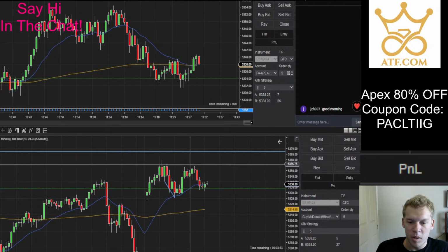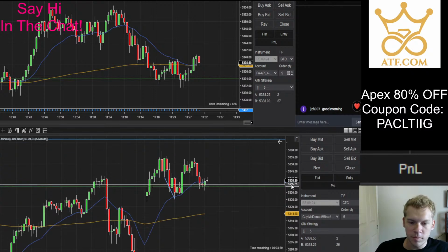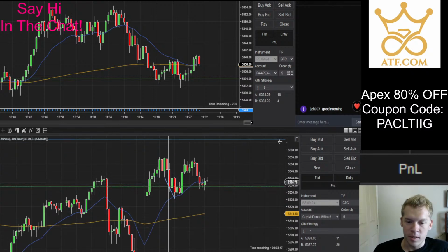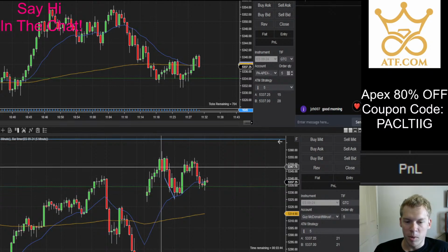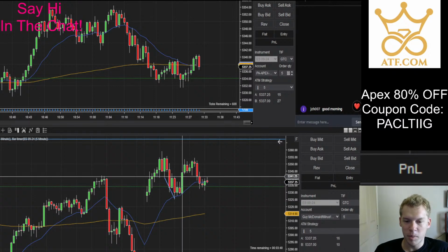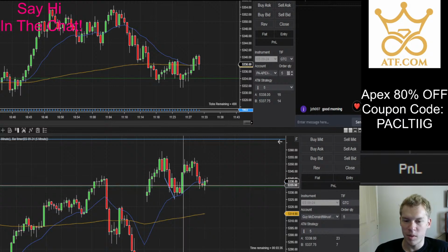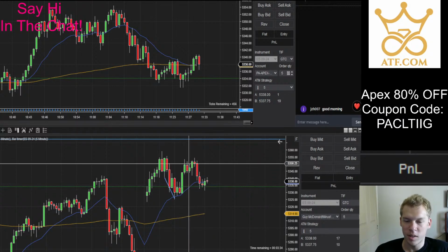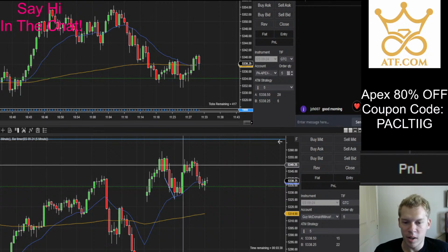So far we've been in a trading range. All right, it's one of those days where the market will go up and down, and it has these big legs, it has these big bars. So to me it's a large bar trading range, which is a difficult type of market to trade.